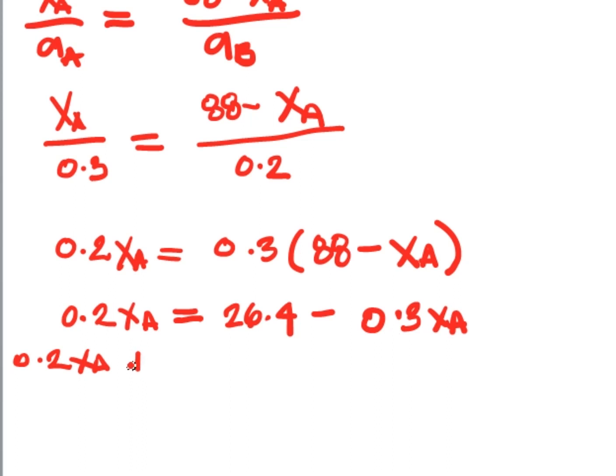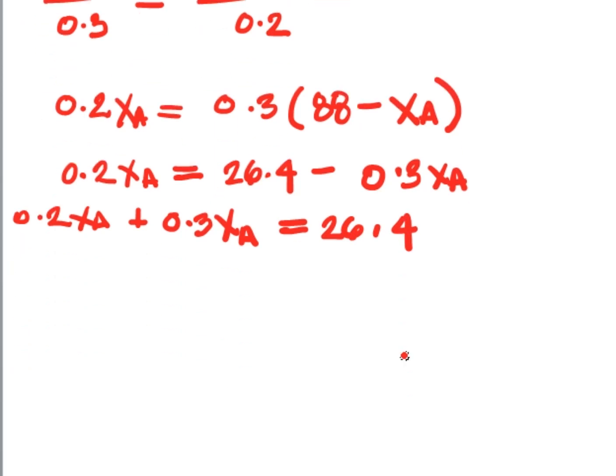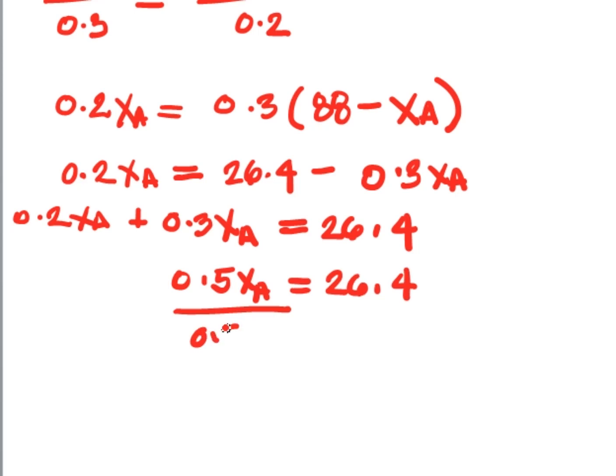This will become plus 0.3 x sub A is equal to 26.4. So 0.2 plus 0.3 is 0.5 x sub A is equal to 26.4. Divide this by 0.5.